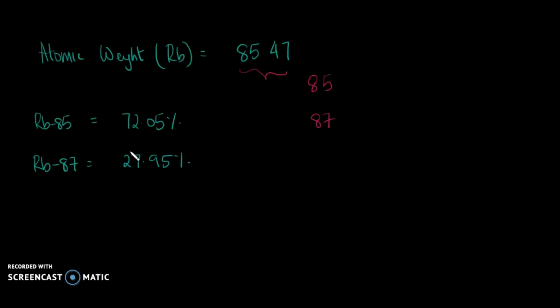What this means is that the isotope rubidium-85 is present in a greater quantity than rubidium-87 is. And that's what our answer also reflects. The percent abundance calculated for rubidium-85 is much higher than it is for rubidium-87. So this is one way we can see whether our answer makes sense, whether it's correct or not.